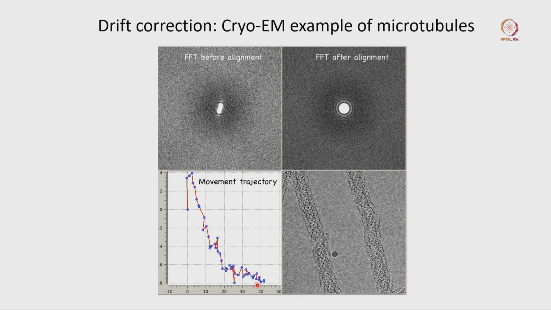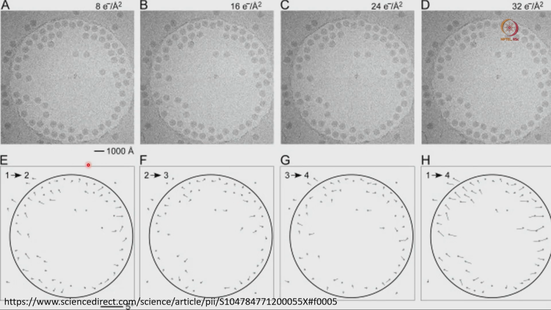We have a total of 40 frames. In some frames the movement is very high, then it is very less, and then again drastically there is some movement, again less. So, it is very difficult to predict what the movement of those virus particles or protein samples will be.